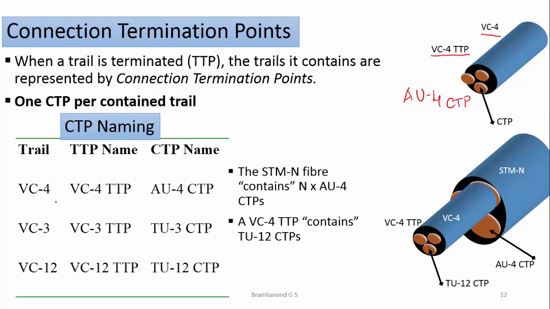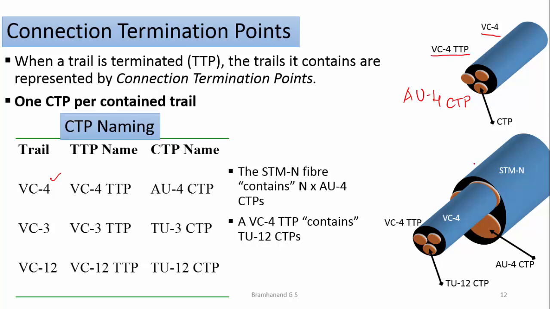So if my trail is VC4, then my TTP is called VC4 TTP and CTP is called AU4 CTP. Similarly, for VC3 trail, TTP is VC3 TTP and CTP is TU3 CTP. Similarly, for VC12, it's VC12 TTP and CTP is TU12 CTP.